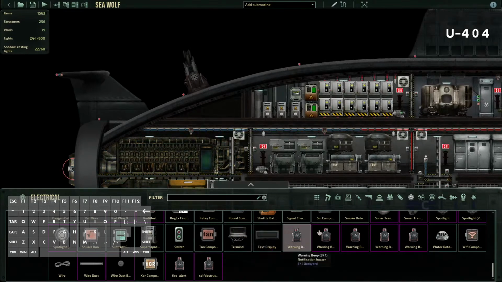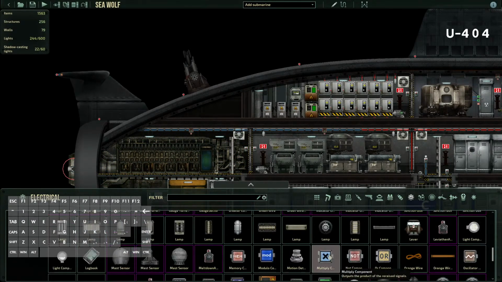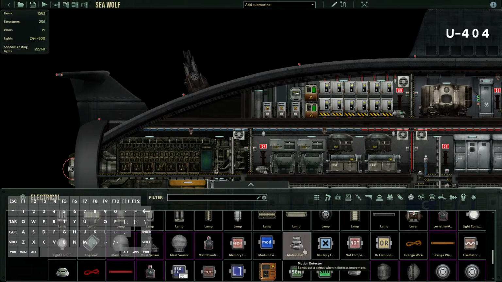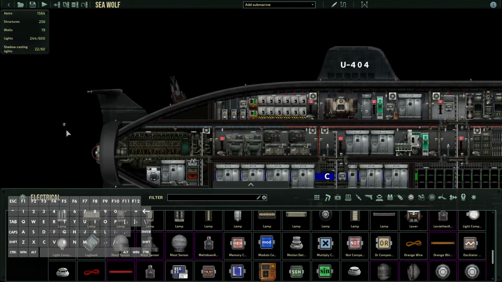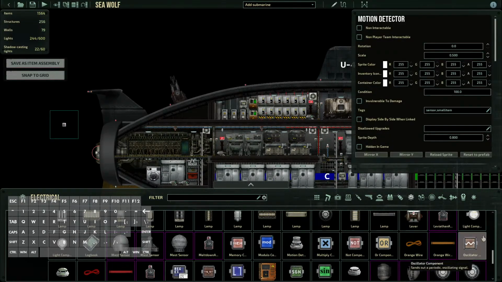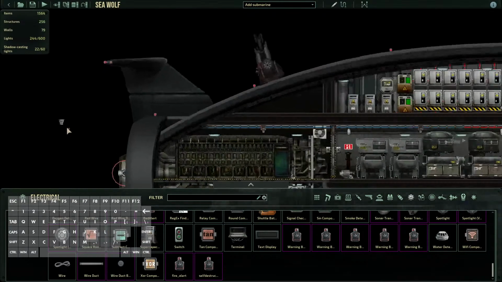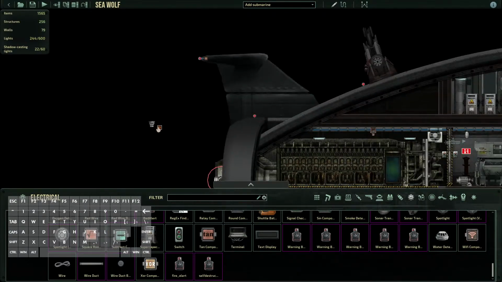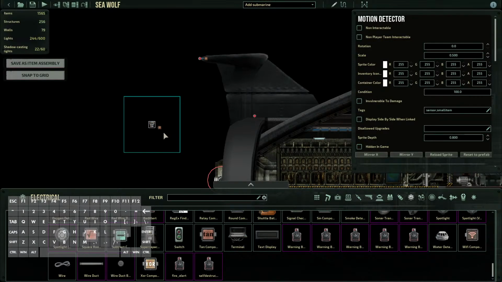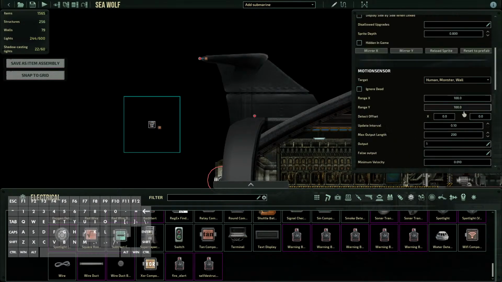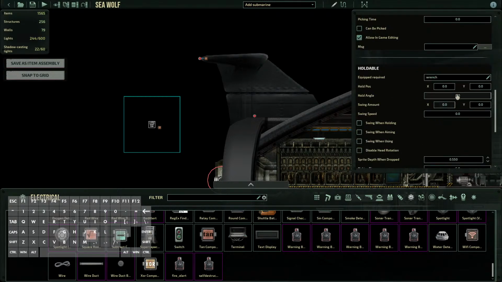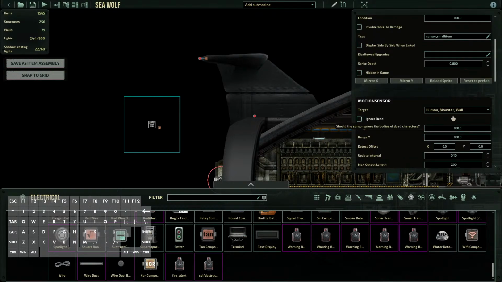Whereas if you were going to do a motion detector, where's our motion detector? Mass sensor, motion detector, right? Set this up over here and put on a Wi-Fi component. And set this to something absurd like 3000. I've never actually looked if you can go that high. You can change these to be selective for monsters.